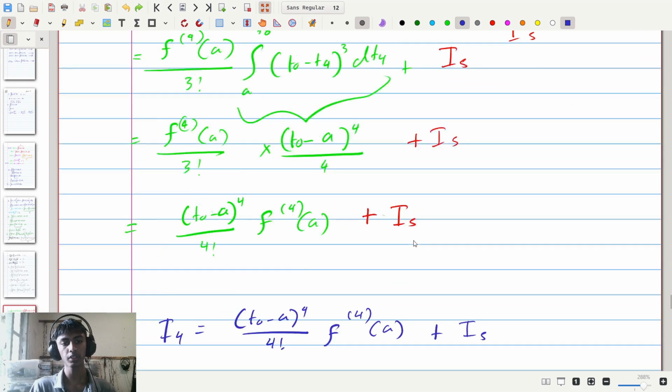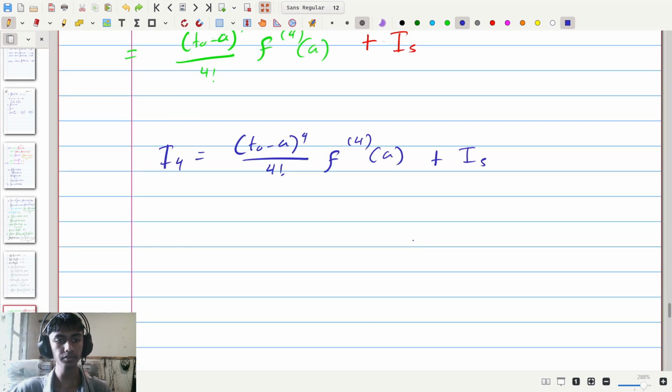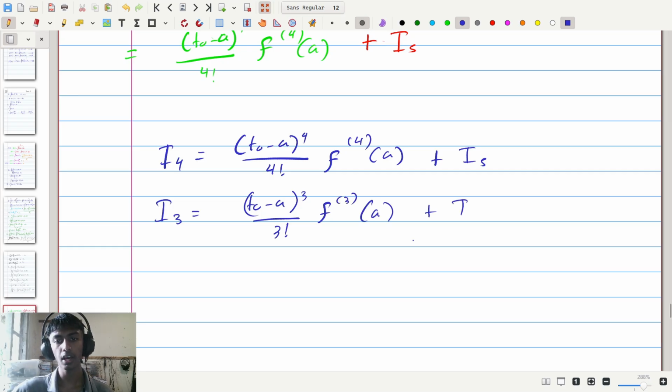Writing that down, we have I3 equal to (t0 minus a) cubed over 3 factorial times f3(a), where I'm going to write f3 instead of the 3 primes, plus I4, and I4 is this value over here. And then I2 similarly is going to be (t0 minus a) squared over 2 factorial times f2 of a.